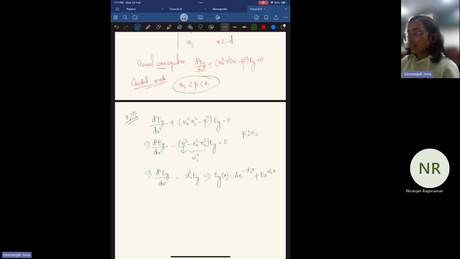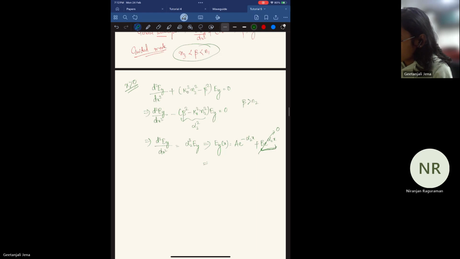But in the region x greater than 0, this is the amplifying solution, which we don't want for the guided mode. So that means this term we can neglect for the guided mode. So Ey(x) will be a e to power minus alpha 2 x. So alpha 2 is square root of beta square minus k0 square n2 square.